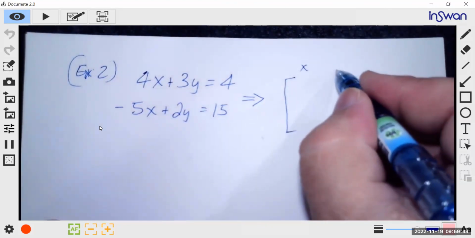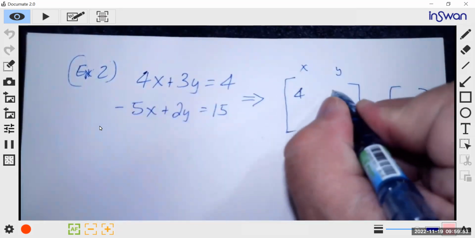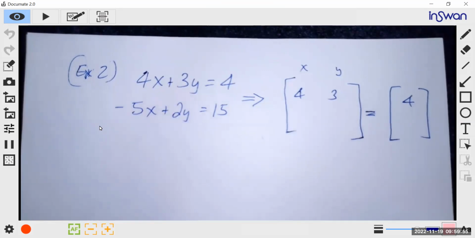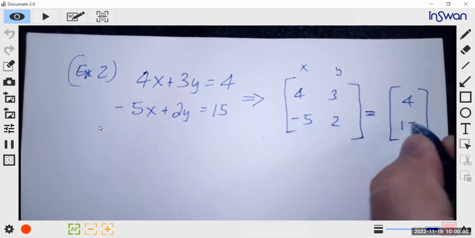So these are the coefficients of the x and the y. So it's 4, 3, negative 5, 2, 15.